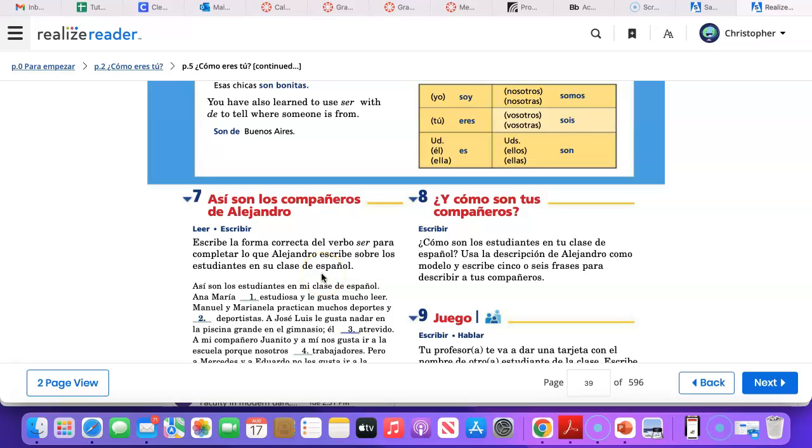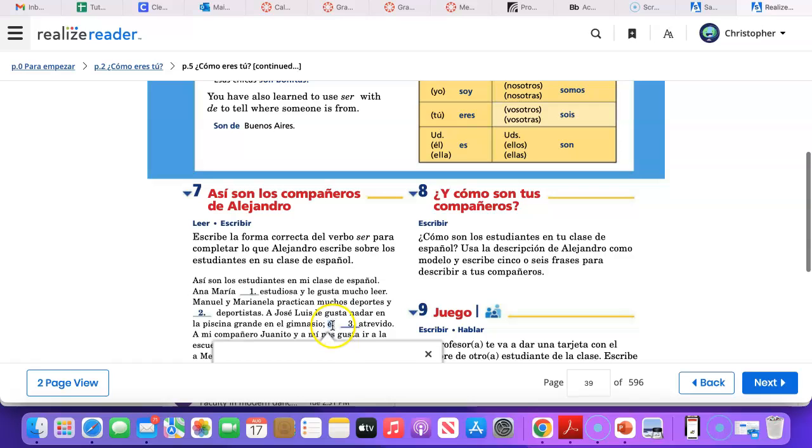So 2 last names, if you will. But José Luis is one person, and because he is one person, you can even see that clarified with the subject pronoun. It's a singular subject, so we're going to just say es. Él es atrevido.